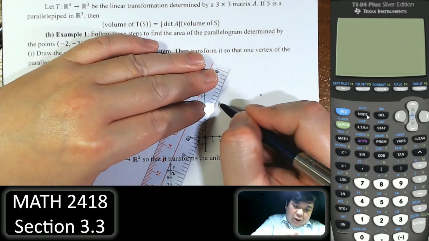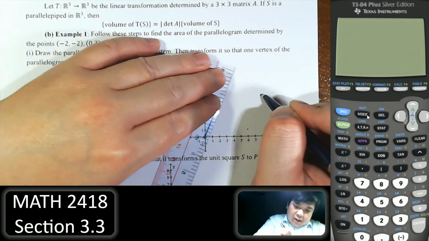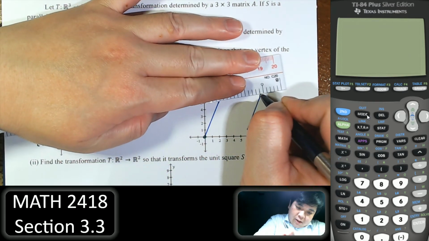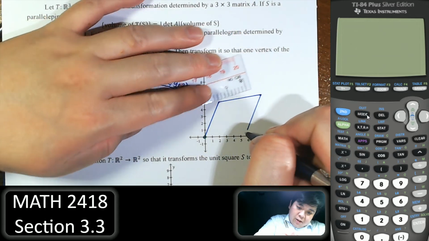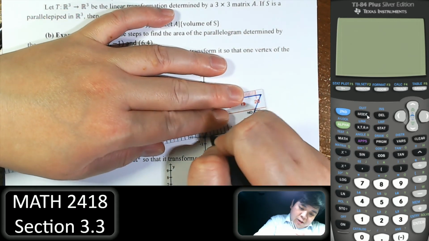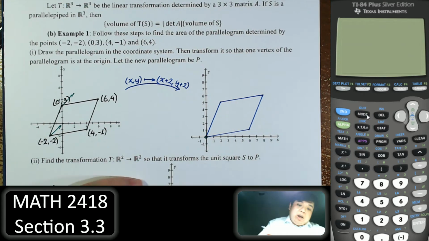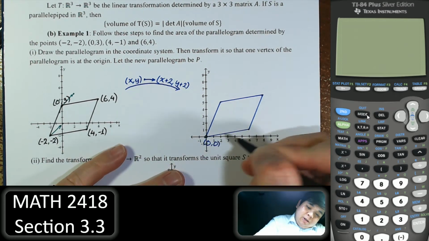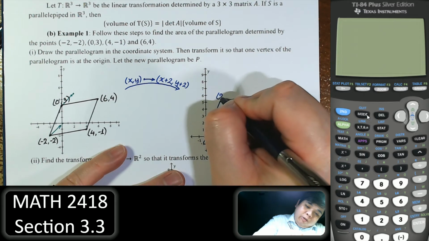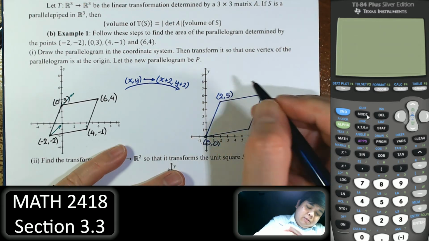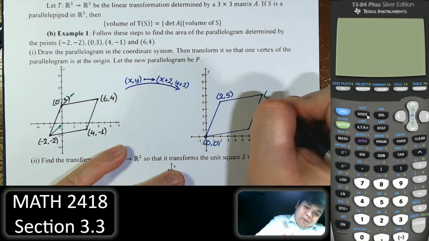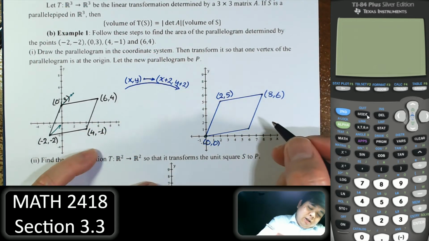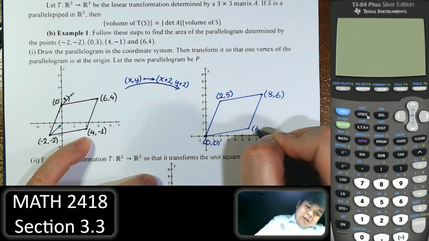Right. So I have a parallelogram here. Now if we want to, we can write the coordinates 0, 0, 2 and 5, 8 and 6, 6 and 1.